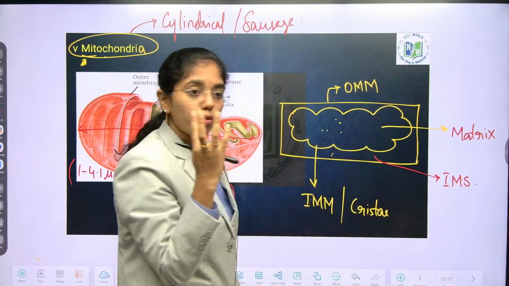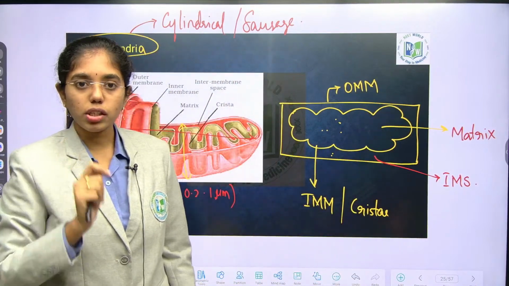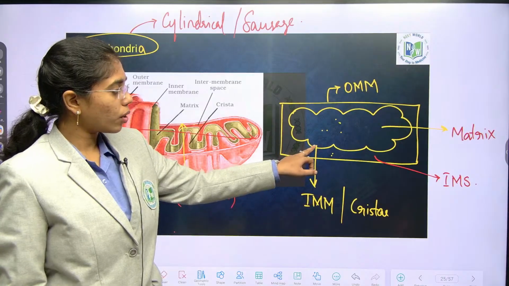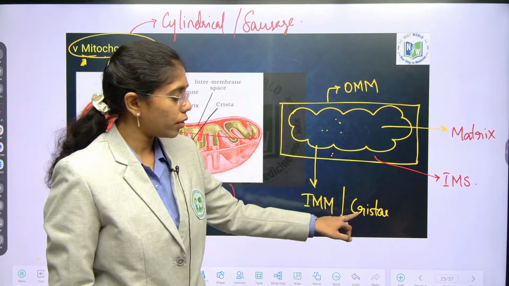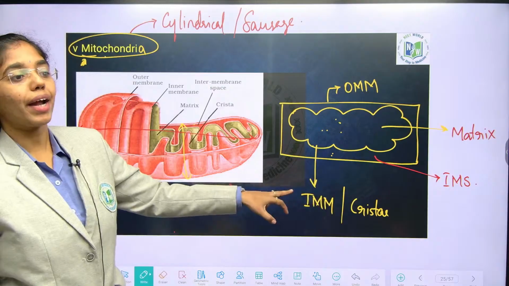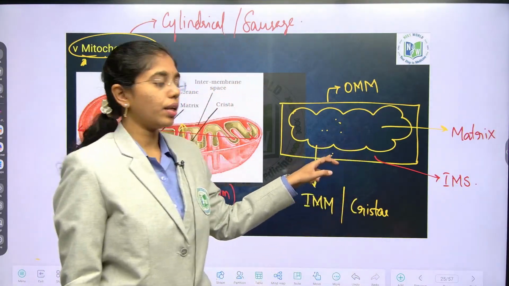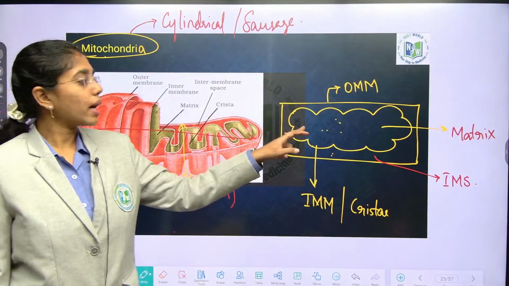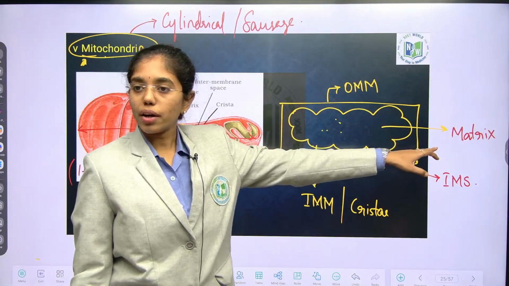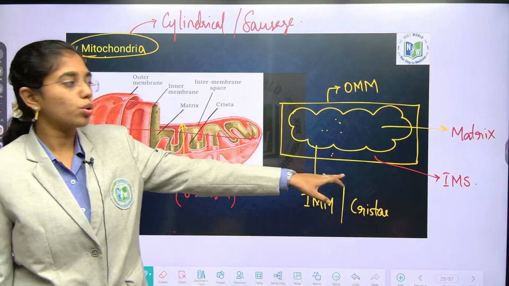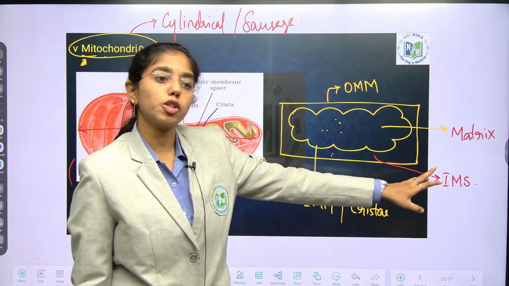So you have four major components. Firstly, remember the inner mitochondrial membrane is enfolded in the form of cristae, and this is dividing the mitochondria into two compartments. One is the inner compartment and the other is the outer compartment. The inner compartment is addressed as mitochondrial matrix. The outer compartment is known as intermembrane space, right?